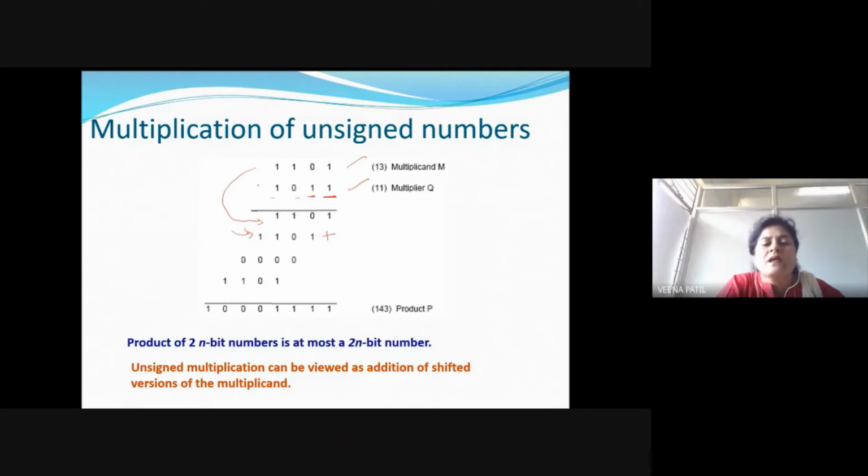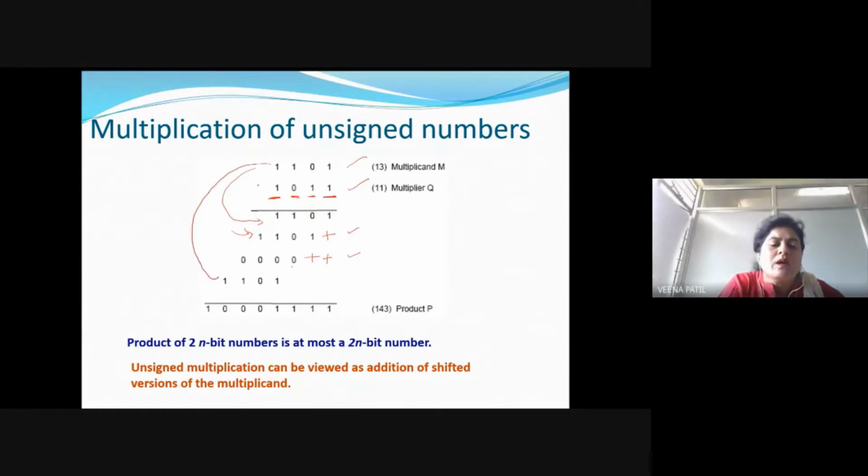I will write it as it is. Then I will take the next bit of the multiplier. It is 0. Before performing multiplication, I have to perform shifting. I shifted once before, and I shift again, so 2 shifts will come. If you multiply anything by 0, it will be 0, so I'm just writing zeros over here. Then I go to the next bit of the multiplier, that is 1. Multiplying 1 with the multiplicand gives the same multiplicand.